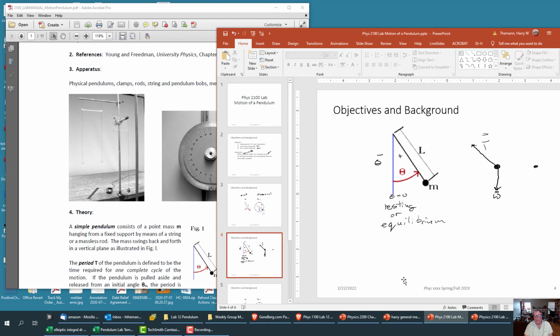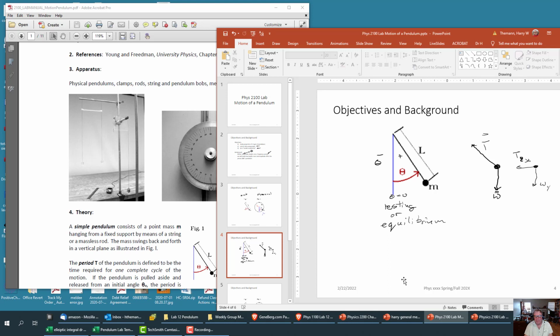So one can imagine that we can have a force, the T in the y direction, and perhaps there is a component of weight in the x, y direction.